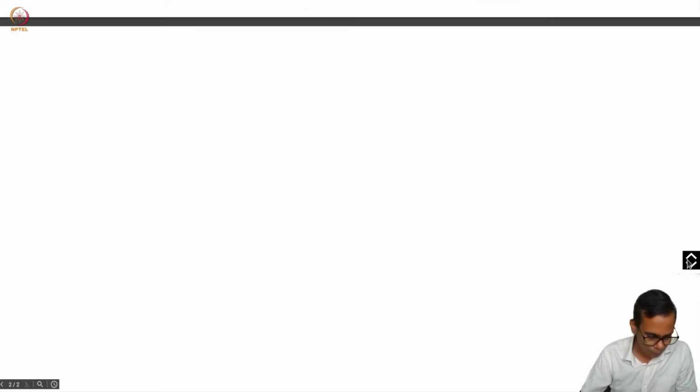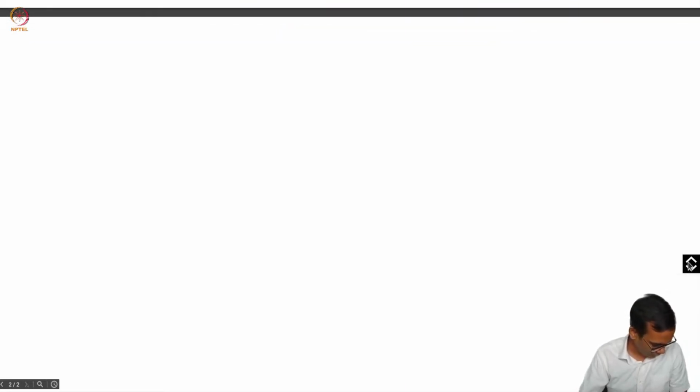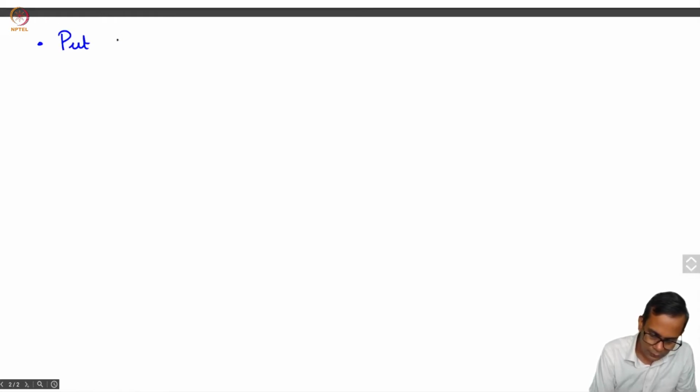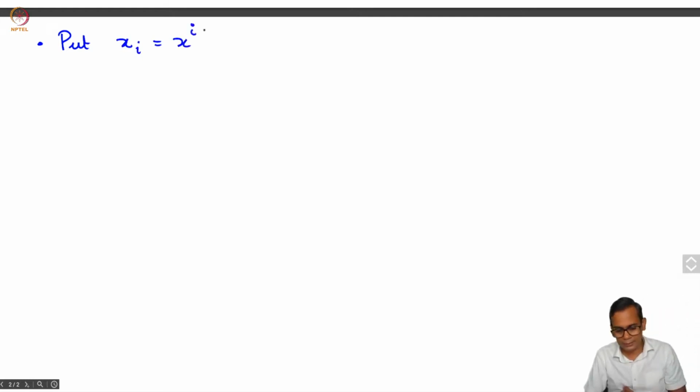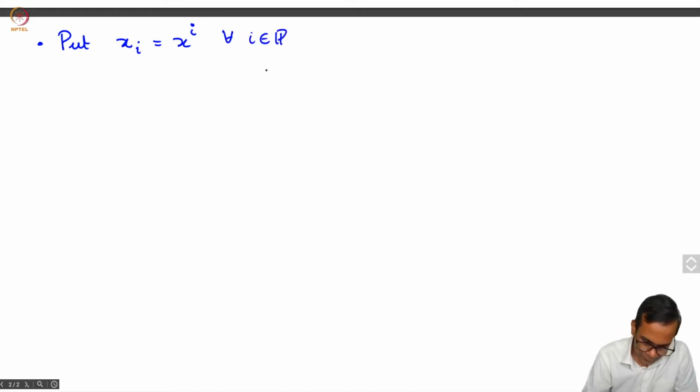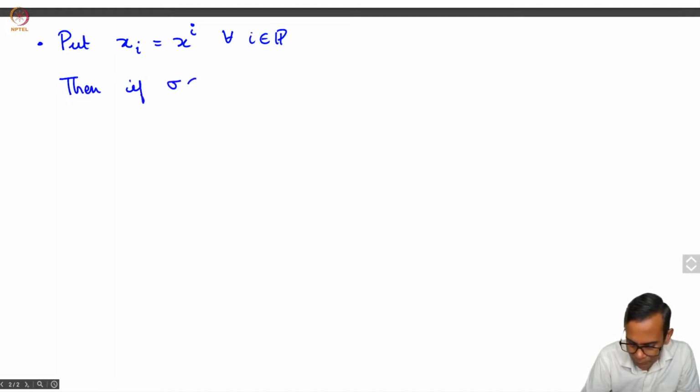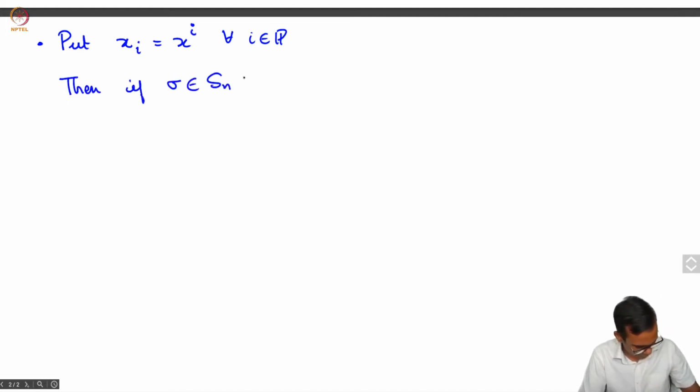But here's something more interesting that you can do. Put x_i to be x to the power i. So x1 is x, x2 is x squared, x3 is x cubed, and so on, for all positive integers i. Then, if sigma is a permutation in Sn, what do you get?